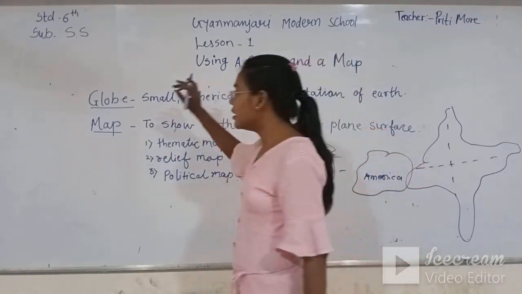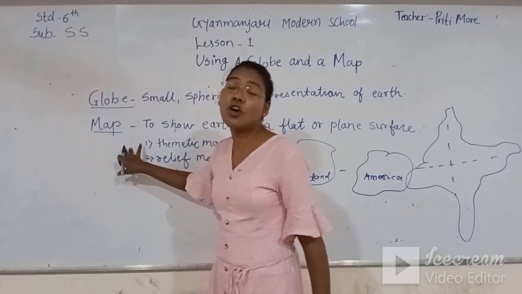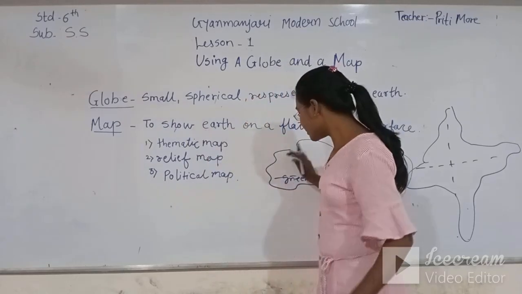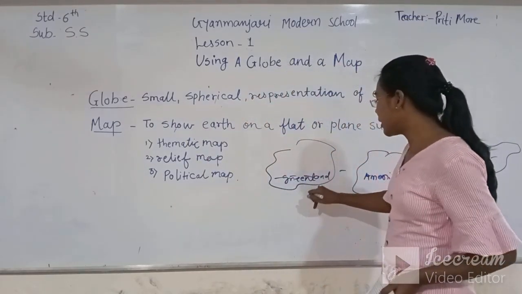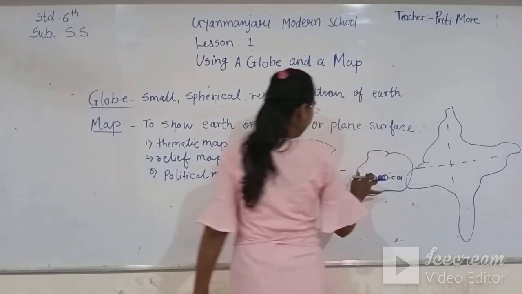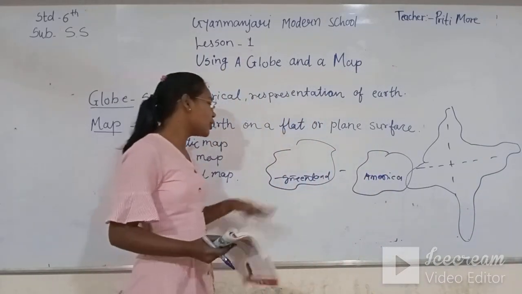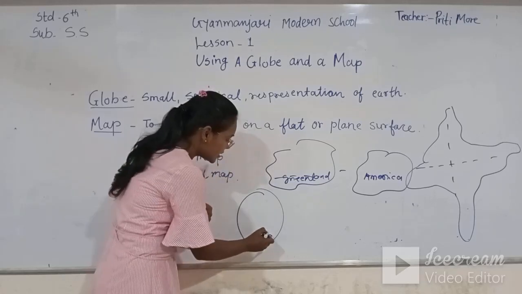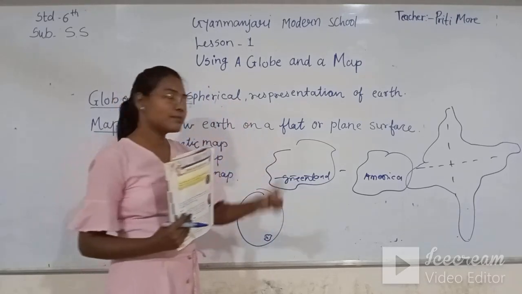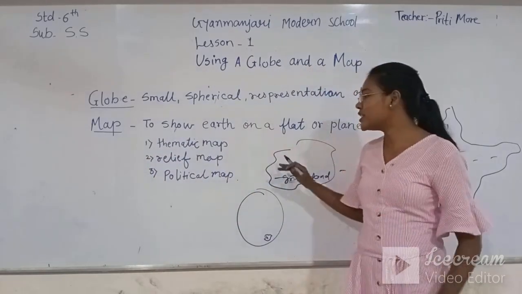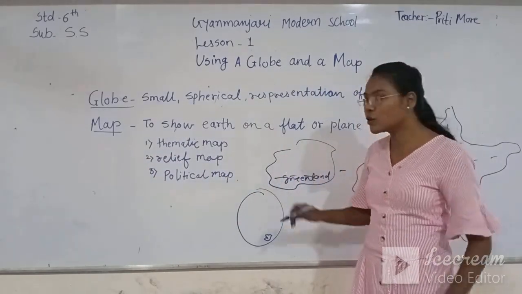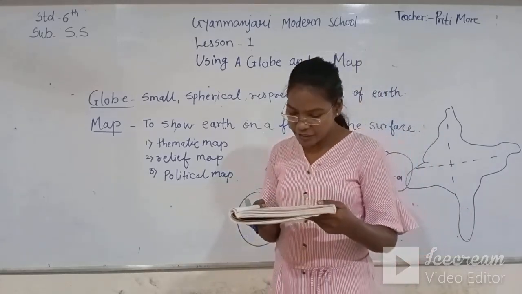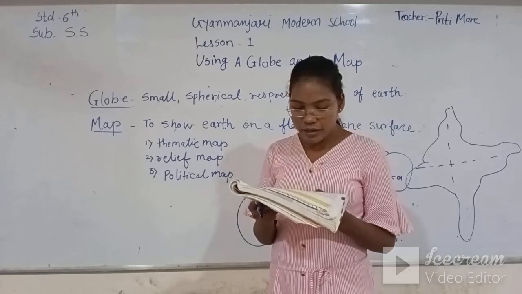The globe is more accurate, but the map is not accurate in comparison to the globe. Greenland on the map is as big as America, but on the globe it is in a small space. So the map is not as accurate as the globe, and the globe is more important than maps.